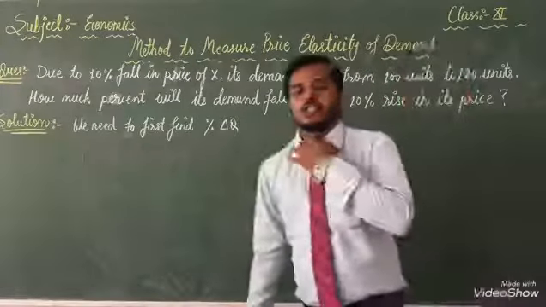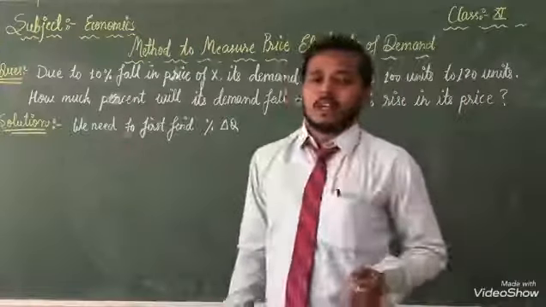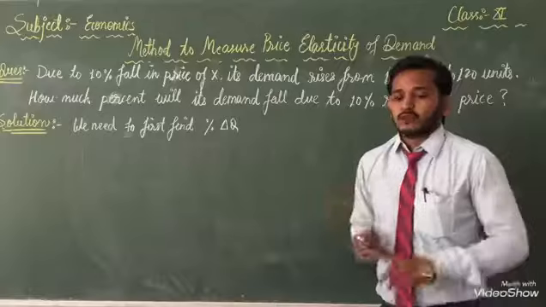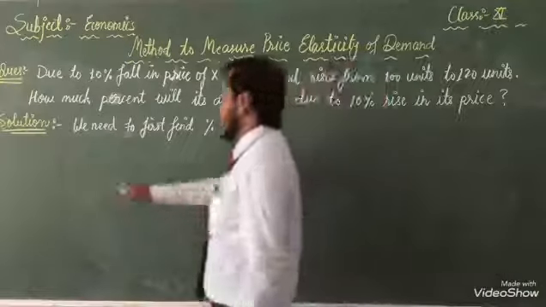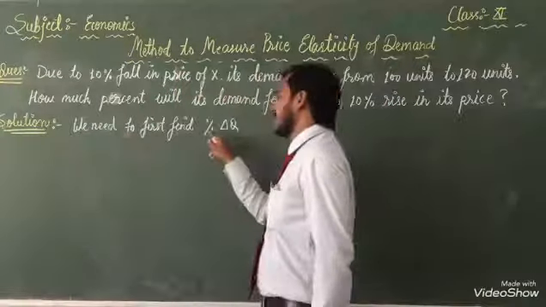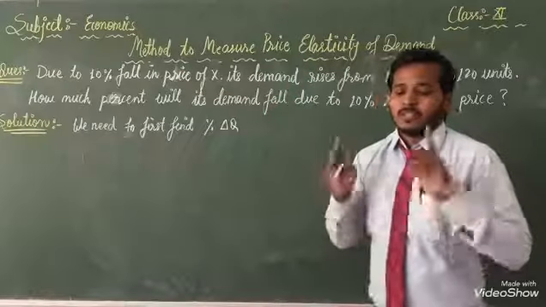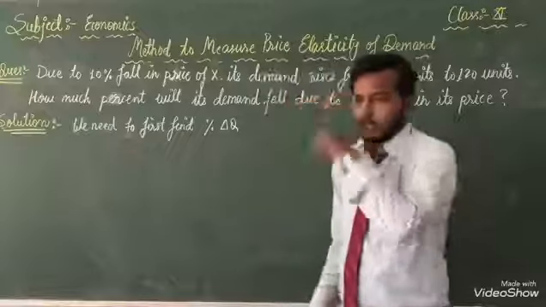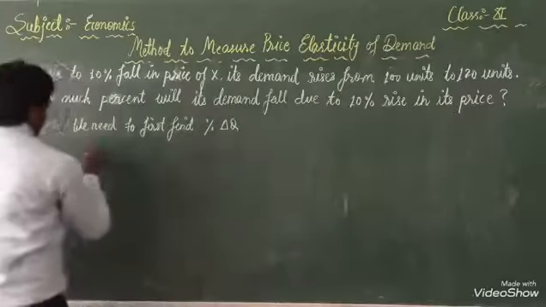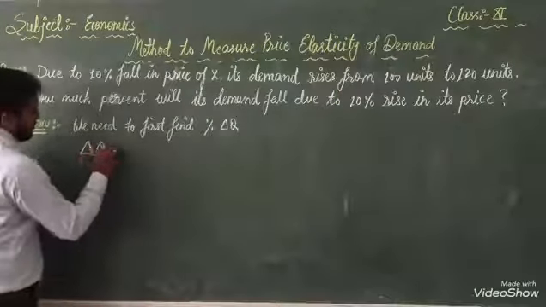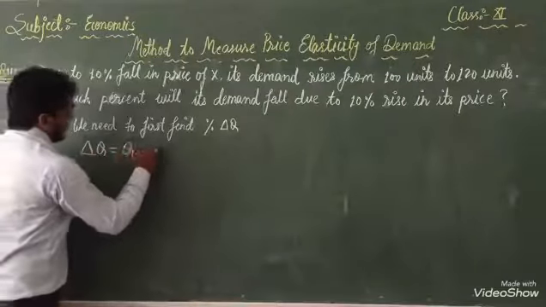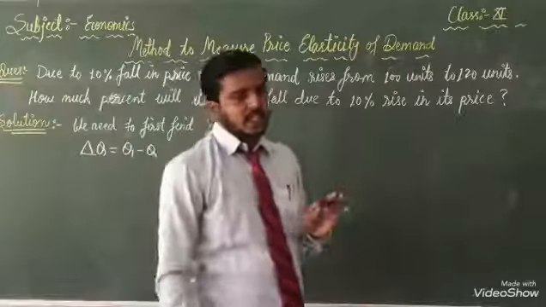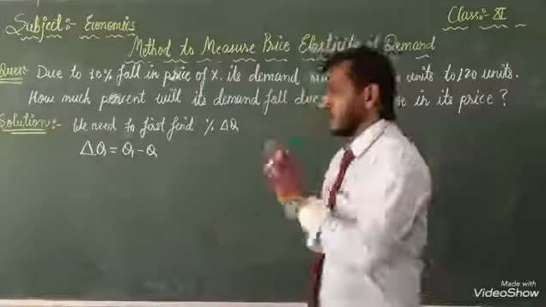According to this question, we will follow the same formula I told you a minute ago. Now we need to find first del q. First we have to find it. Before, I told you the formula: q1 minus q. Based on that you can calculate this question.